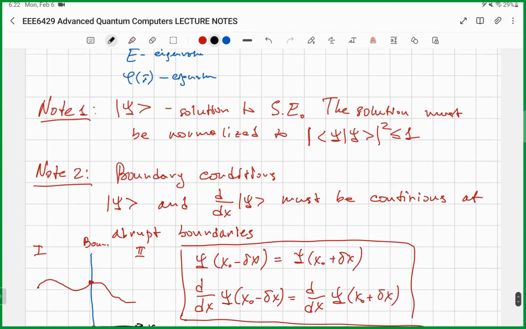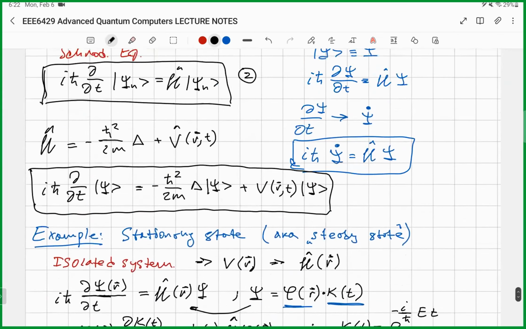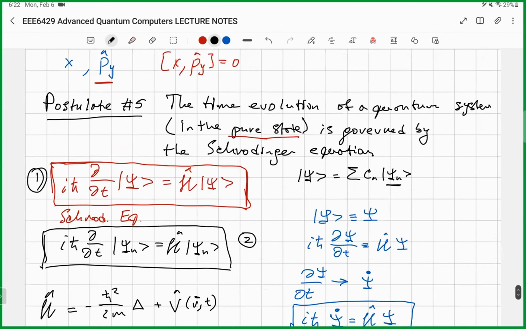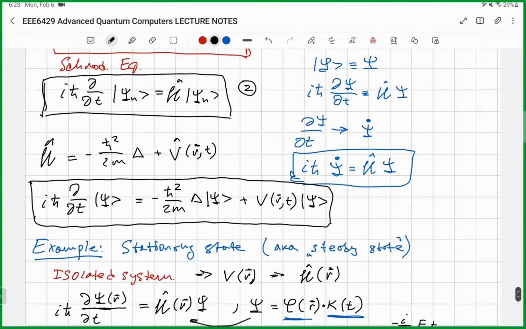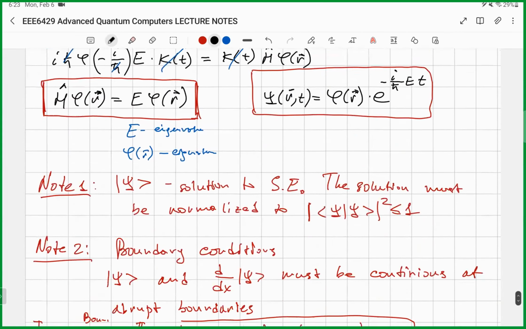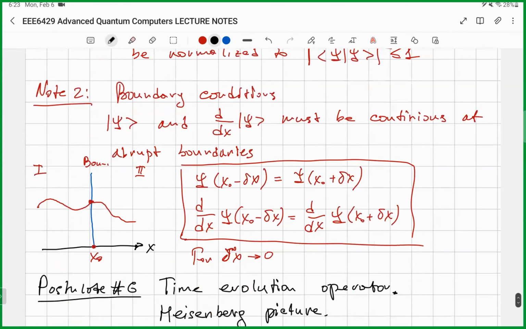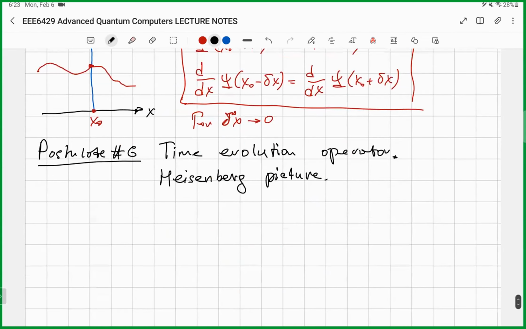So what we discussed so far in this part, the Schrodinger equation, the time-dependent psi state, and independent operators, all this relates to the so-called Schrodinger picture. But we can also formulate basically the same in terms of the so-called Heisenberg picture.